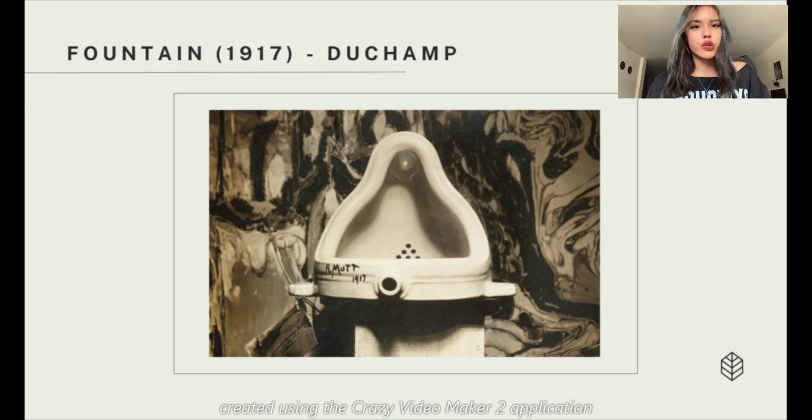And finally, I'm going to show you some of the most important artworks. First, we have Fountain by Duchamp. This was one of the most controversial because Duchamp claimed that even the most ordinary object can be art if the artist chooses and recontextualizes it.